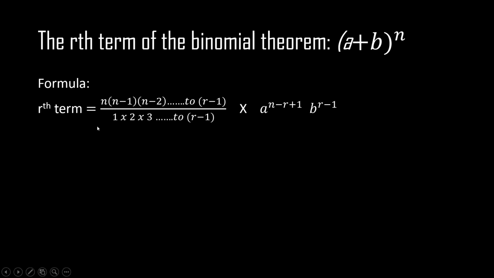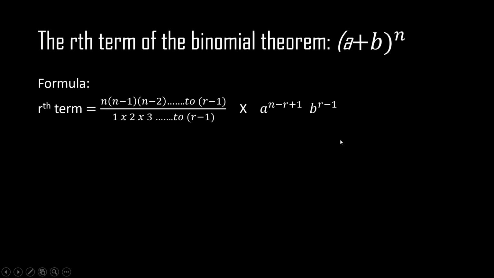The rth term is equal to the quotient of n times n minus 1, n minus 2, up to n minus r plus 2, divided by 1 times 2 times 3 up to r minus 1, times a raised to n minus r plus 1 times b raised to r minus 1.